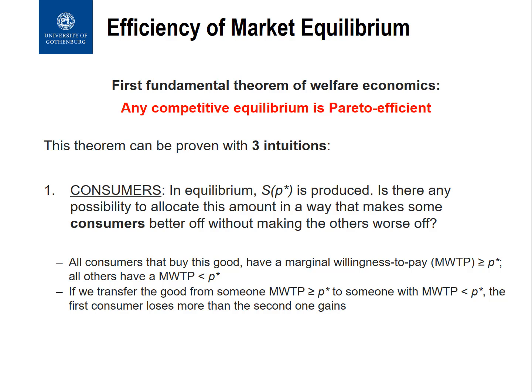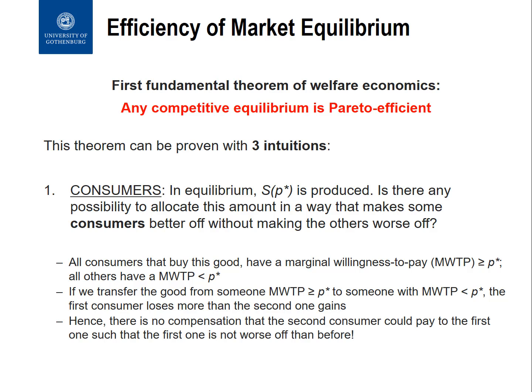Now, if we transfer the good from someone that has a marginal willingness to pay greater than P star to someone whose marginal willingness to pay is smaller than P star, then it is clear that the first consumer loses more than the second consumer gains. This is because the first consumer is willing to pay more for the good than the second consumer is.